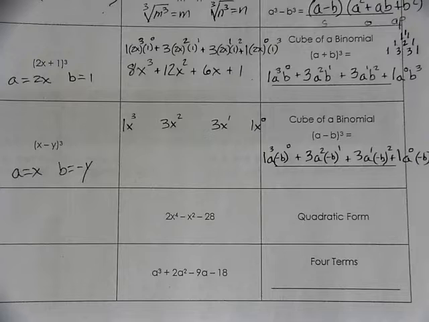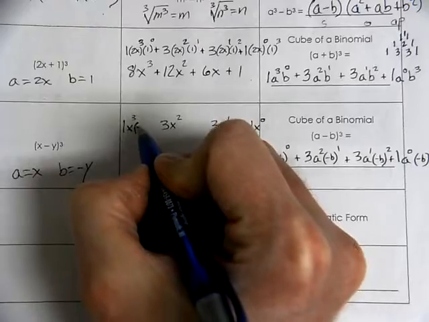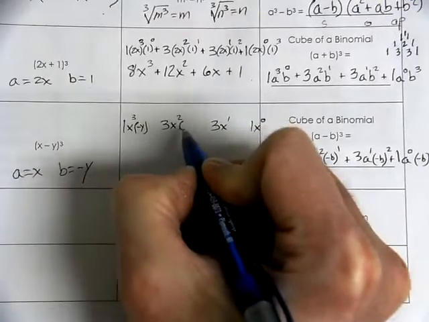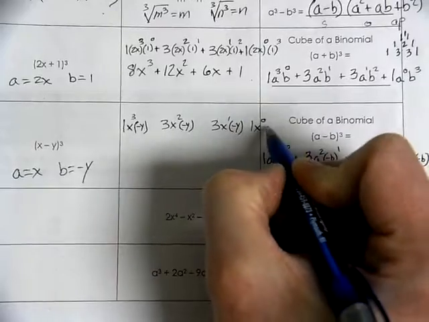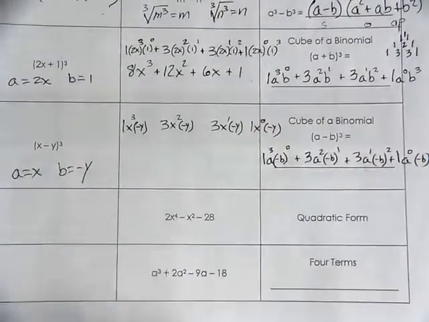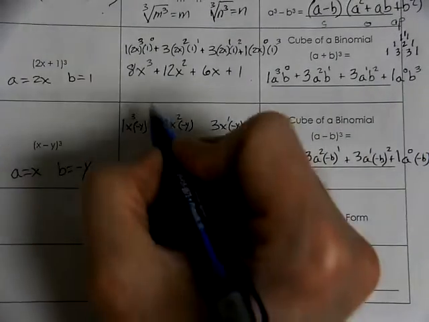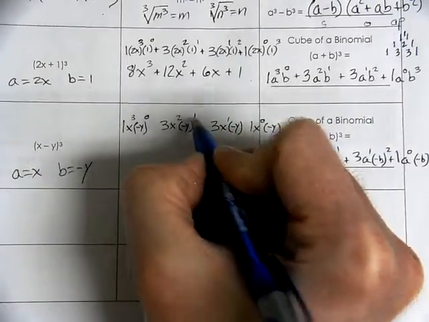If this seems confusing, just think about what we just did. 1, 3, 3, 1. And there we put x's with a descending exponent. Now what are we going to do? We're going to put the y in here, with an increasing exponent.